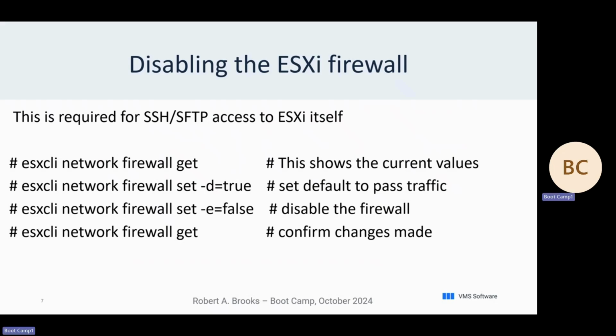It's relatively straightforward once you've got console access to disable the firewall. You can either set default to pass traffic, or you can just disable it entirely. I just tend to disable it entirely, and once again, once you've done that, you can verify that it took effect.